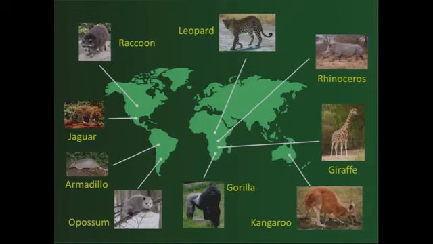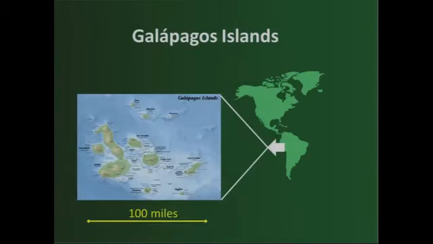Evolutionists also claim that strong evidence for evolution can be found from studying the biogeography of islands. Just about here in the Pacific Ocean, around 500 miles off the coast of South America, we find the Galapagos Islands. They're quite small and cover a distance of only around 100 miles.